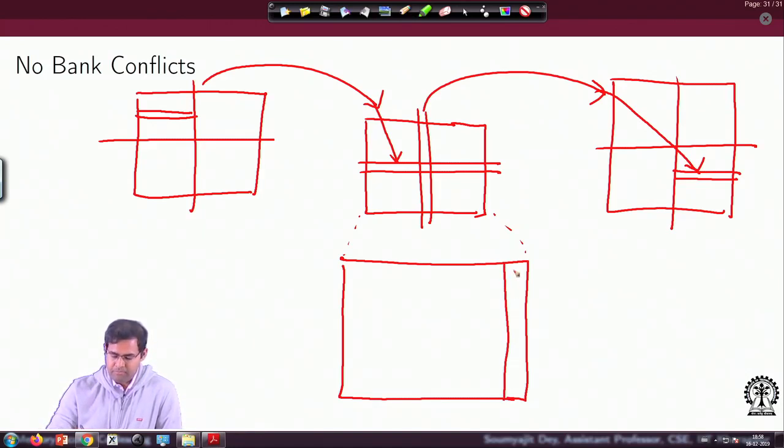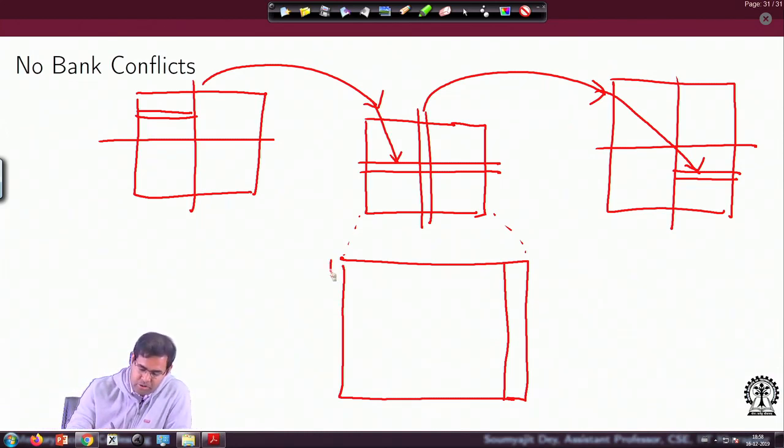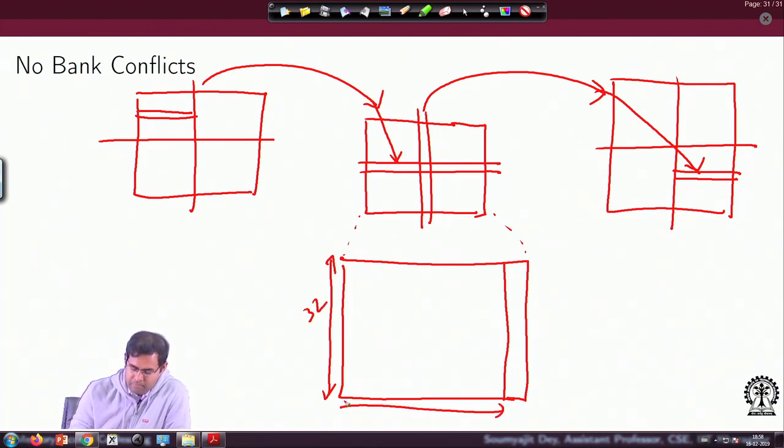This is the last column which I do not access, I do not write here, I do not read here, but I use the rest of the 32 cross 32 locations for the same operations as earlier.